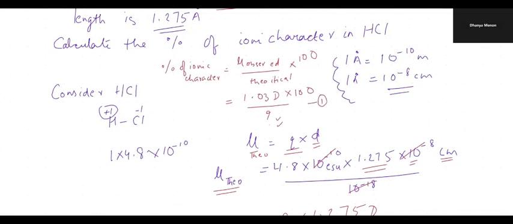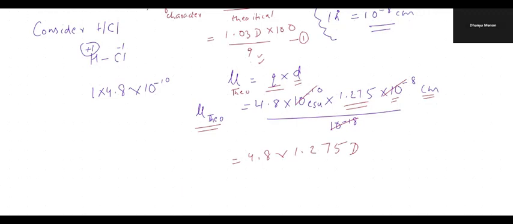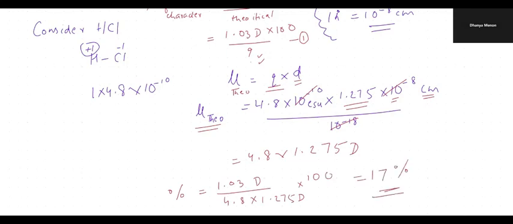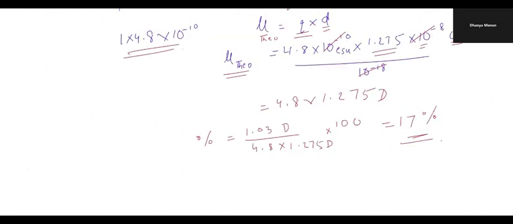So I have percentage equal to 1.03 divided by 4.8 into 1.275, times 100, which is equal to 17%. So this is how you calculate. You only have to remember this value of ESU. If they ask you in coulombs, you can use 1.6 times 10 raised to -19 coulomb.